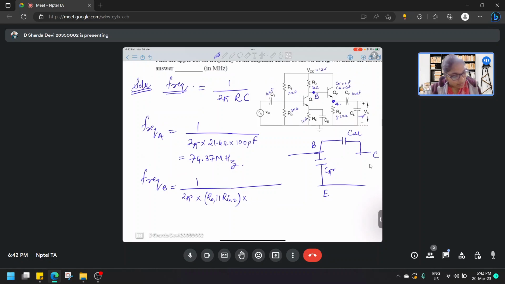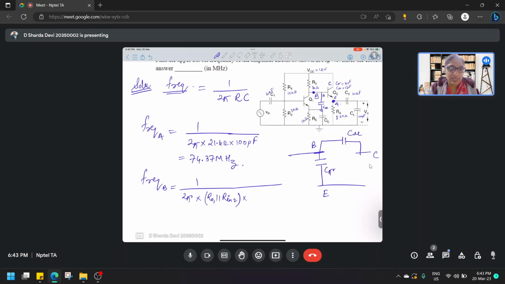Now the question is, first of all, which capacitor is a Miller capacitor? Is it C mu here as well, which is a Miller capacitor? So the answer is no, because here if we observe, it is collector, base and emitter, right? So collector is fixed and it will be AC grounded. So at that point of time, that capacitor, which is C mu, it will appear completely in the base. So we will see a factor C mu, and it is not a Miller capacitor.